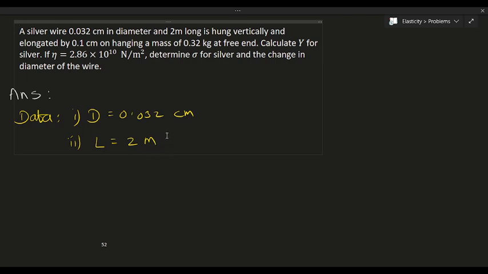So a certain unit must be same in all quantities. If it is centimeter here, we must bring centimeter here also, or if it is meter, we make centimeter into meter. So we better take centimeter in meter. How do we convert? We simply multiply 0.032 by 10 raised to minus 2 and we get the diameter in meter. So now we have diameter and length both in meter.